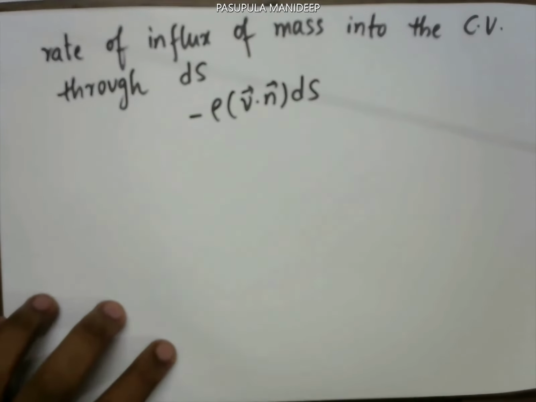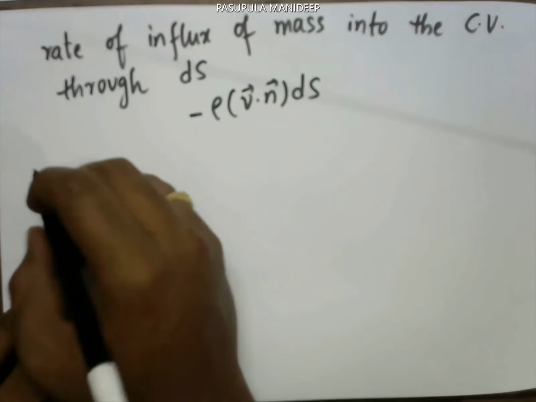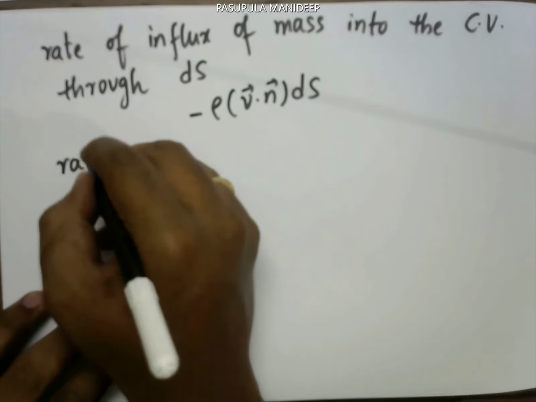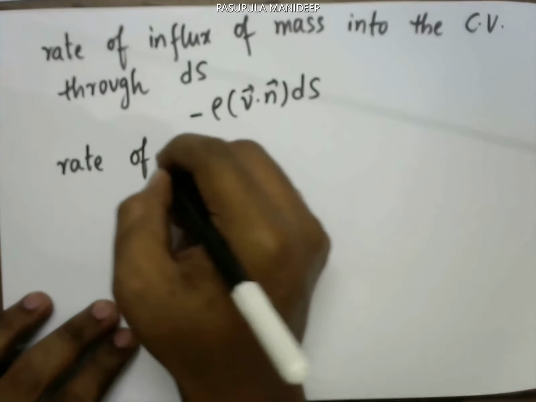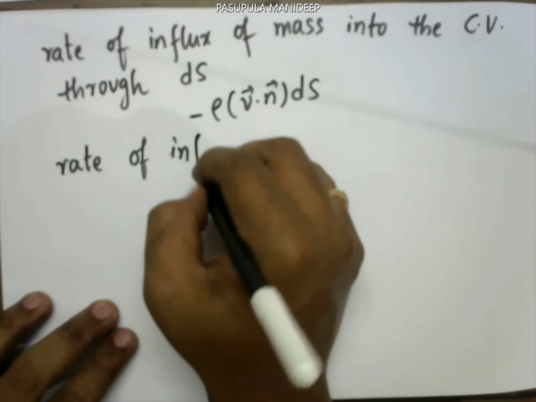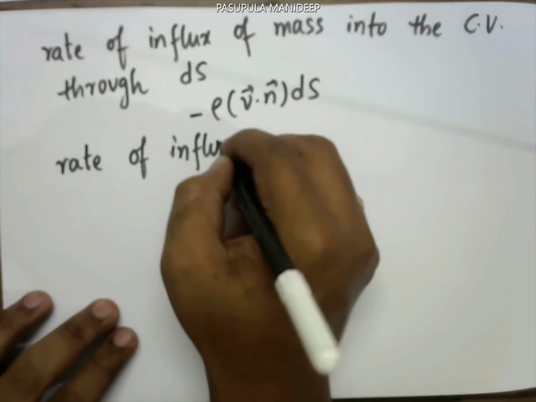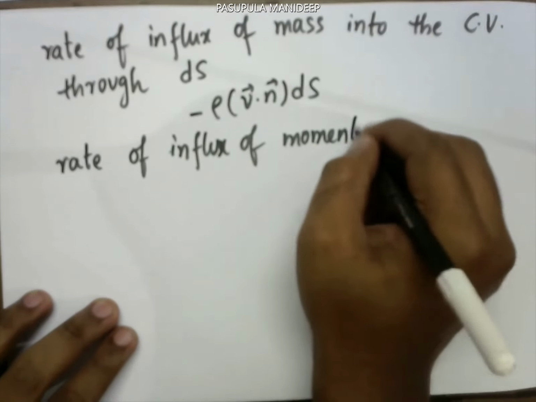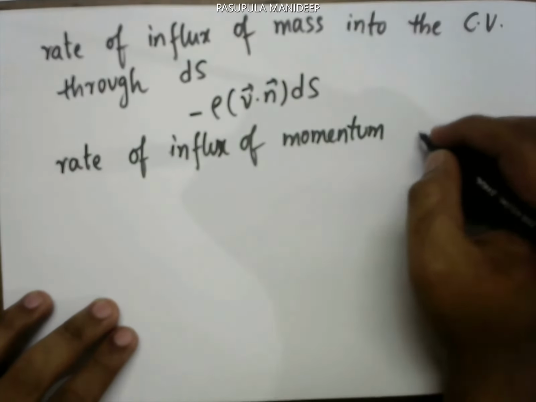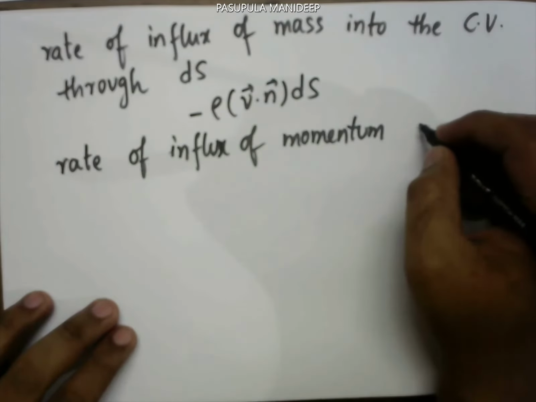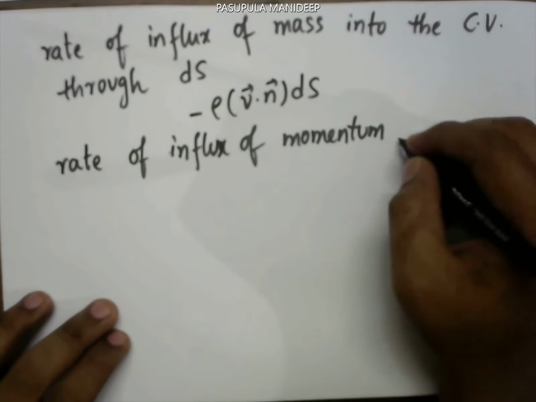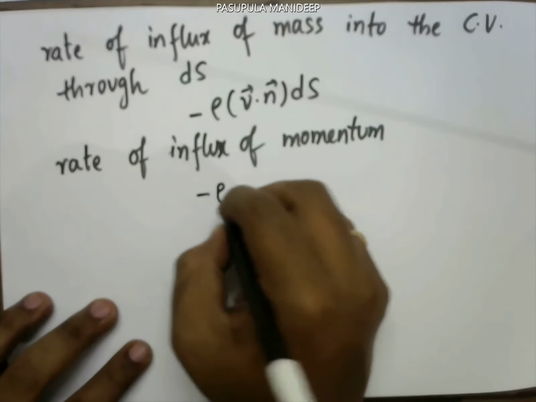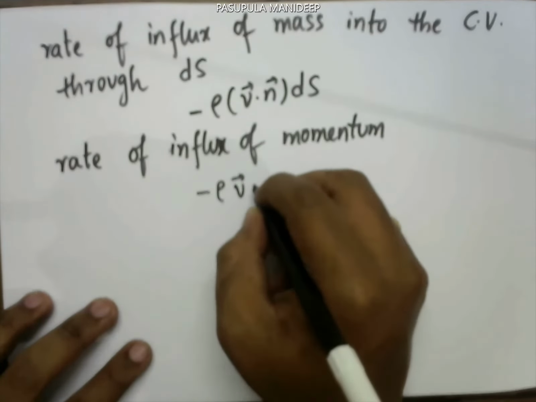This is the expression for the rate of influx of mass. Now if we consider the rate of influx of momentum in the same way, momentum into the control volume through the same dS will be just the multiplication of the velocity.